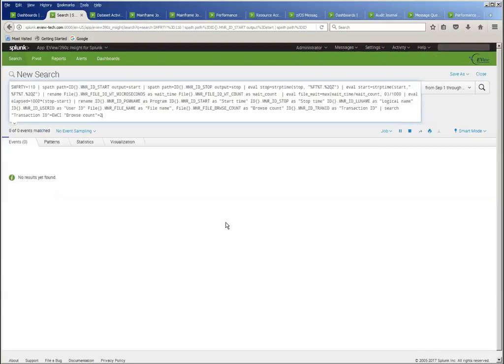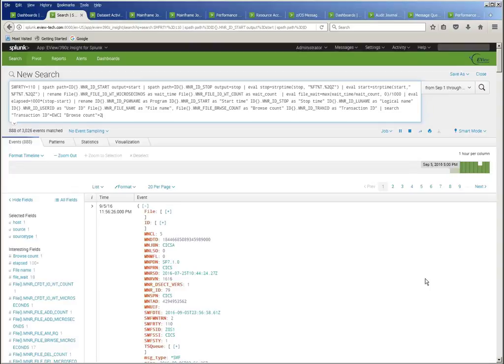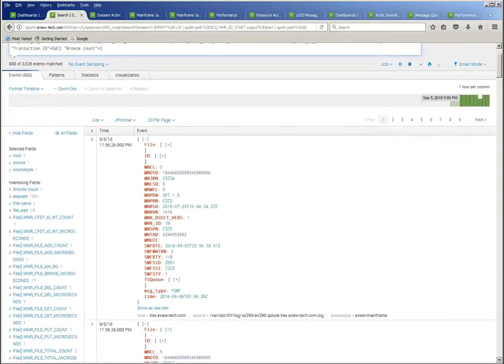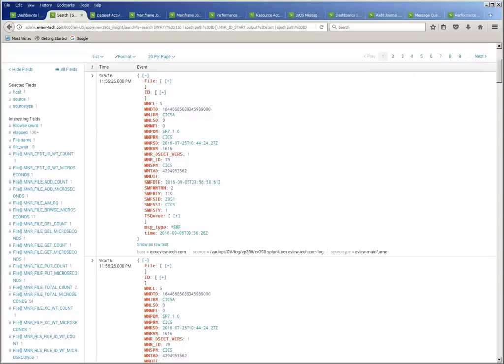I'm going to go down and drill down on one of the transaction events, just to show you a little bit how this data gets formatted. What you'll see here is that the data going into Splunk has been formatted using JSON, which makes it easy to utilize any field that's part of the message, and it can also be used if you want to do additional filtering.